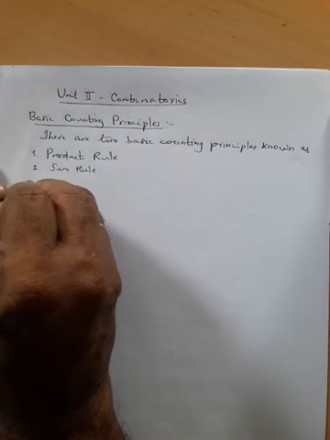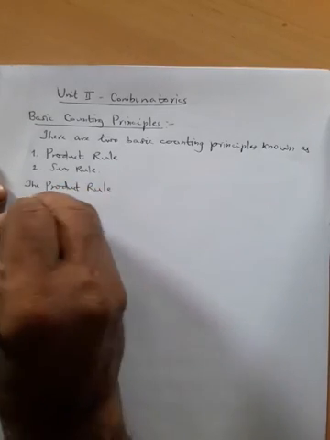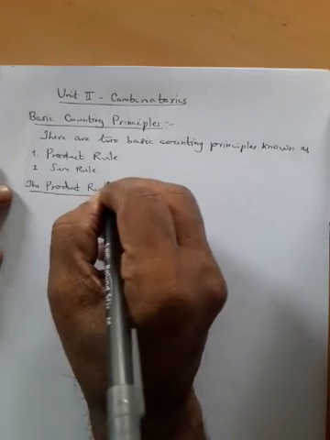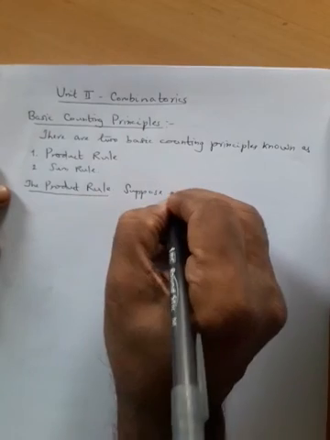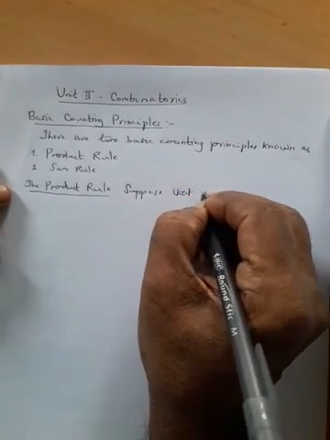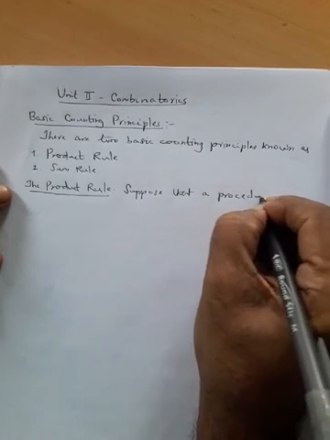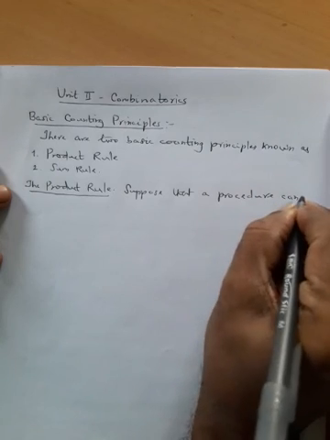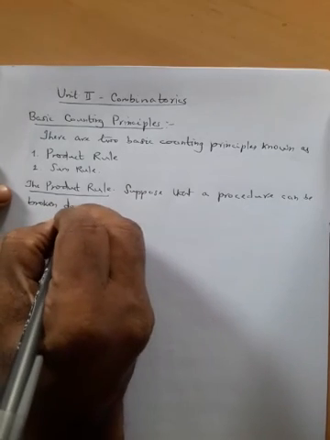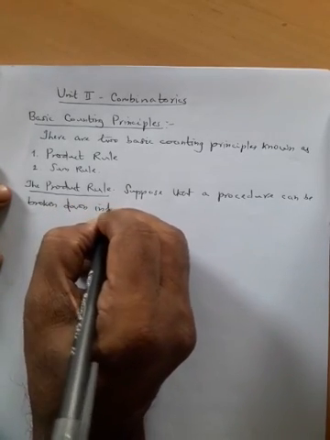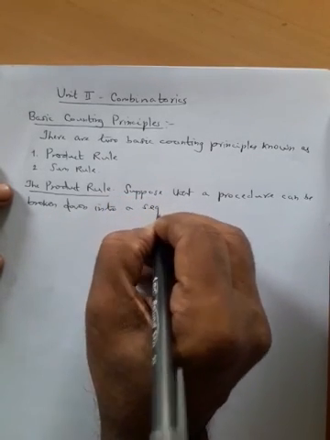What is the product rule? Suppose that a procedure can be broken down into a sequence of two tasks.